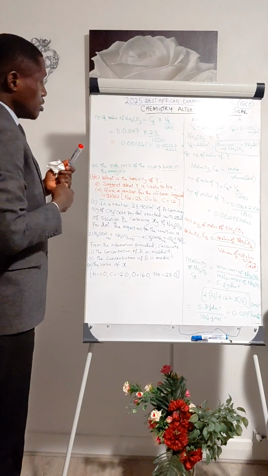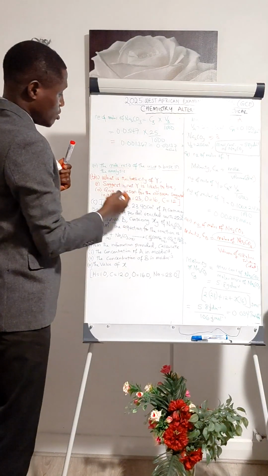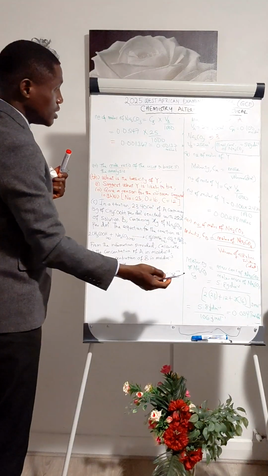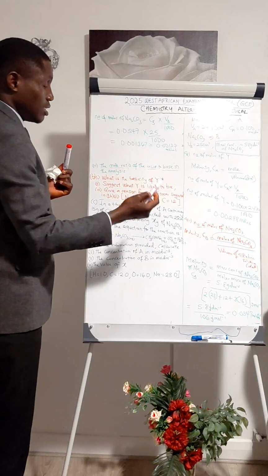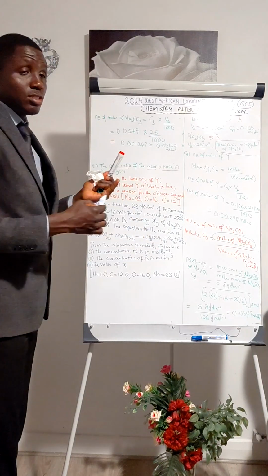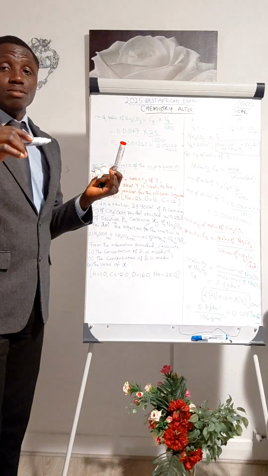So mole ratio, you can easily do it even from what you get, because you have gotten your moles for A, you got your moles for B. You can just divide them: A divided by B, and then you get the mole ratio. But you can also use this formula, CA VA over CB VB equal to NA over NB.